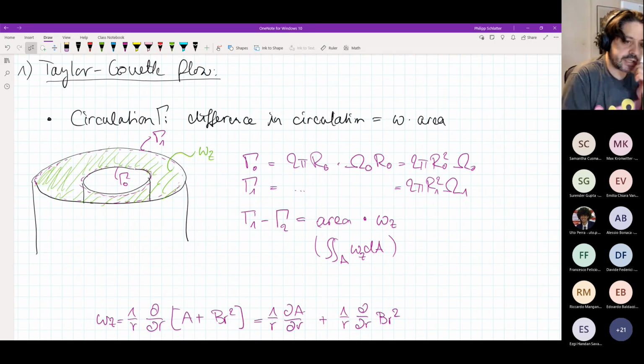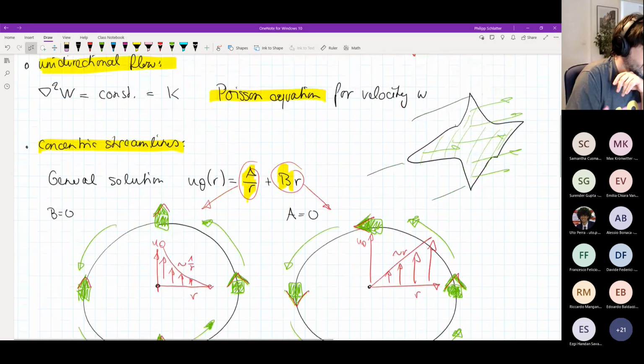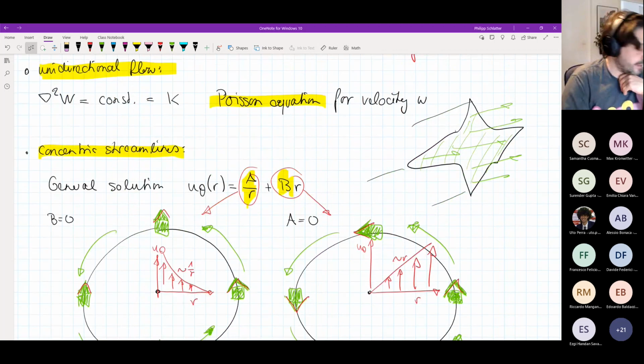And what we looked at last time was a way of how to calculate the velocity between those two concentric cylinders by exploiting the fact that we know the general solution looks like this here.